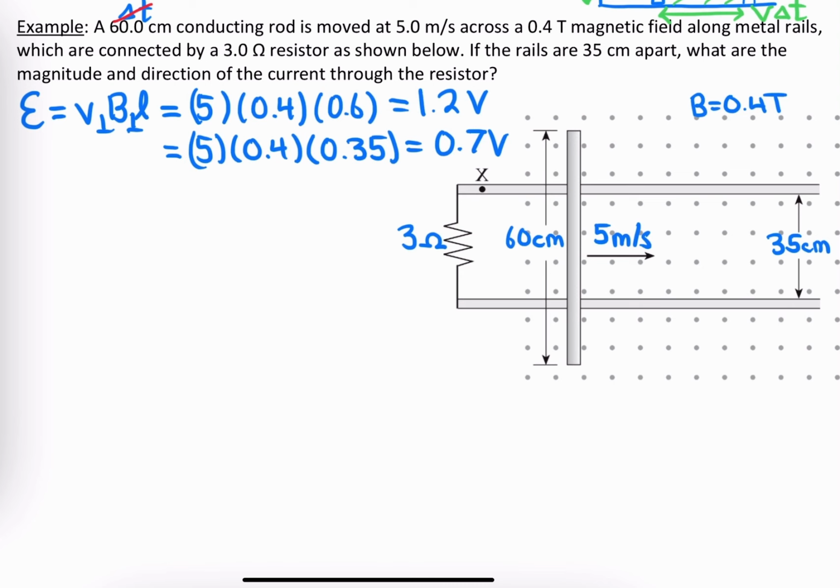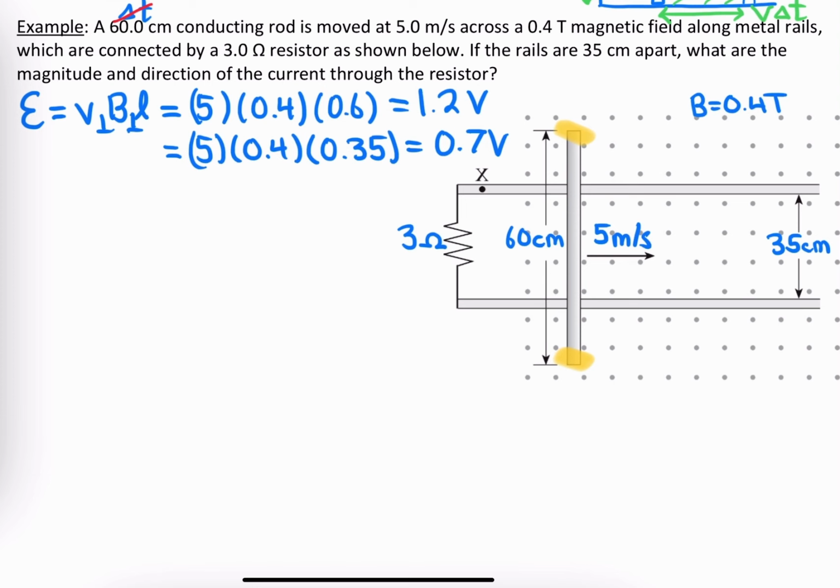Well, remember we can think of potential or voltage as height on a landscape. And so one way we can think of this rod is as a bit of a hill. It has a low end and a high end. And as I go from one end to the other, from the low end to the high end, the voltage slowly increases.